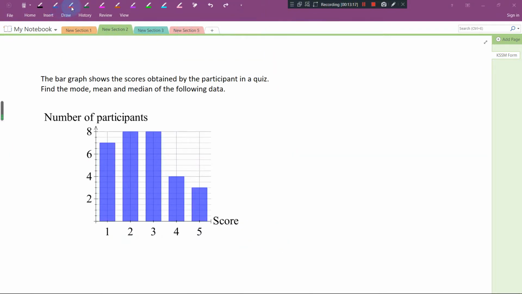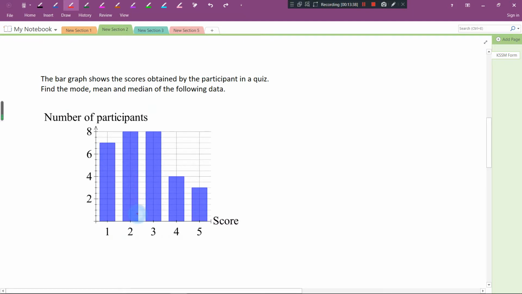Okay, let's try the second question. The bar graph shows the score obtained by the participants in a quiz. Find the mode, mean, median of the following data. Okay, same thing. Now we want to get the mode. So mode is a data which has the highest frequency, right?